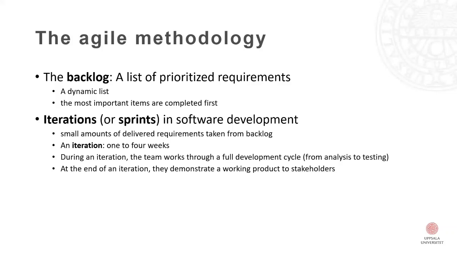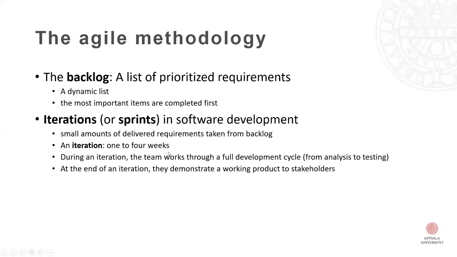It means that you will have the sequence of steps as in the waterfall methodology, but you will go fast through a complete sequence once to just implement one or a few of the requirements, and then you sort of loop through these phases again to implement the next requirement. And the iterations in this methodology are usually short. They are about 1 to at most 4 weeks.